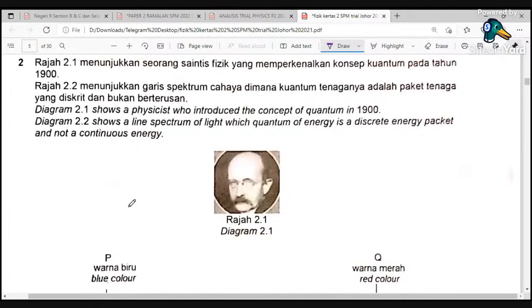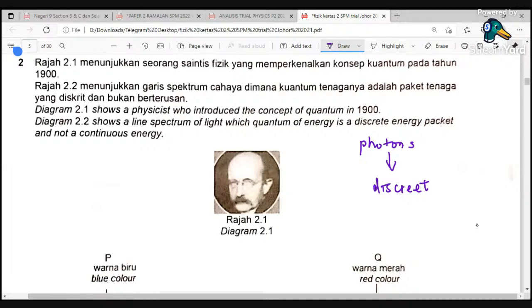Okay. Number 2. Diagram 2.1 shows a physicist who introduced the concept of quantum in 1900. Diagram 2.2 shows a line spectrum of light, in which a quantum of energy is a discrete energy packet and not continuous energy. I hope you understand the concept of energy. Energy is transferred in the form of photons, which is a discrete number.